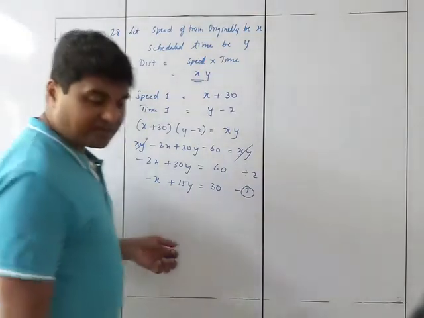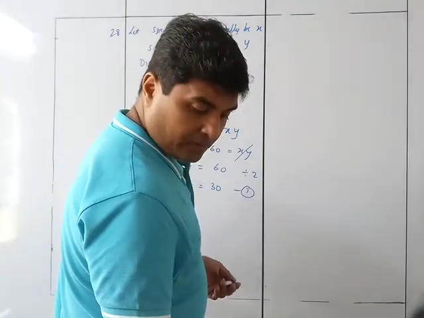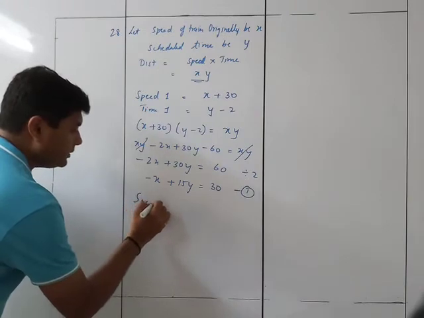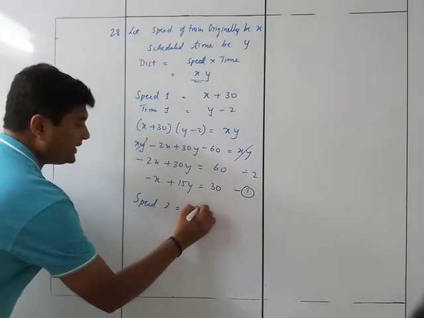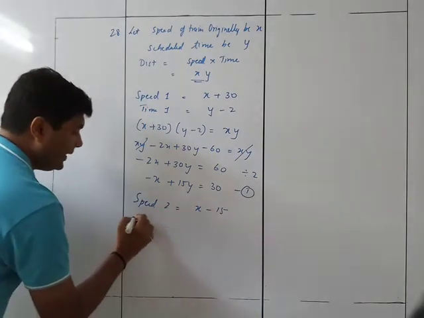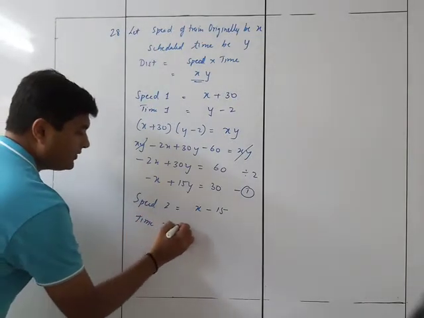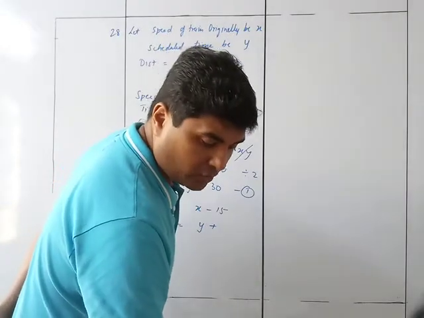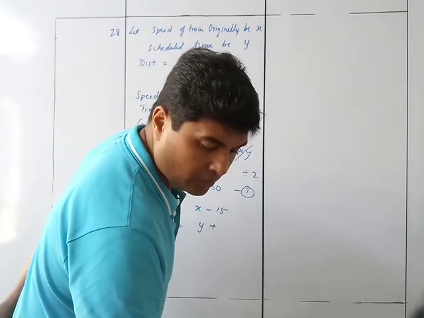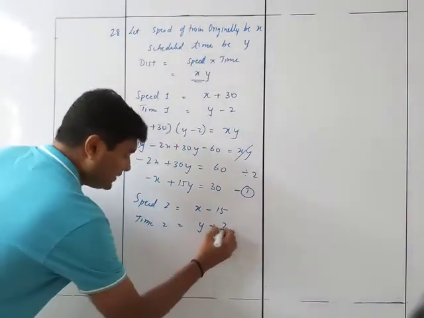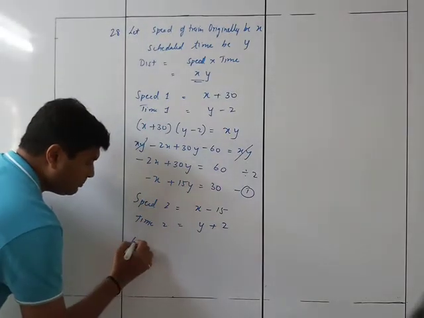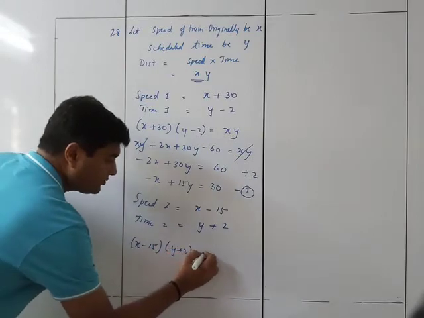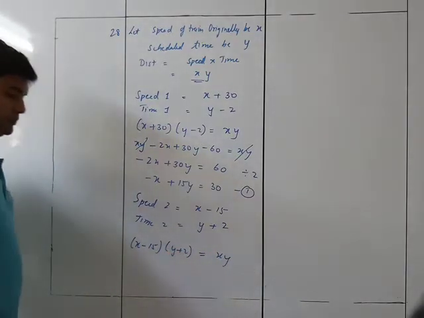The next condition is that if the train was 15 kilometers slower, that means speed 2 is equal to x minus 15 and time 2 is equal to y plus, how many hours more? It is going to take 2 hours more, so it will be y plus 2. Again the same thing, x minus 15 into y plus 2 is going to be xy.